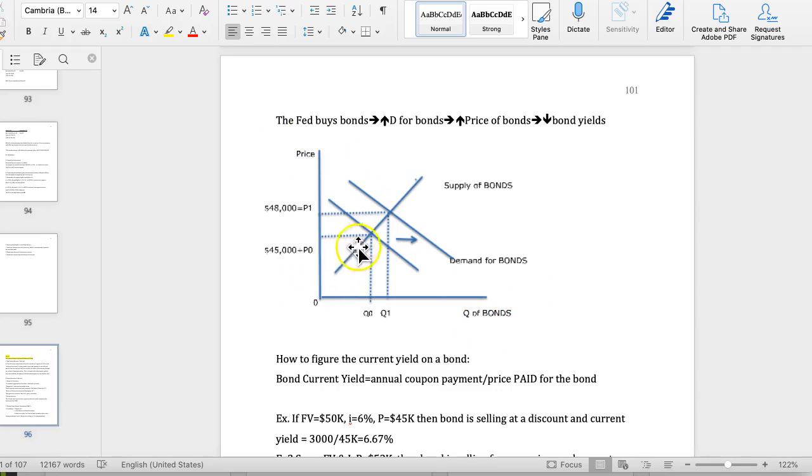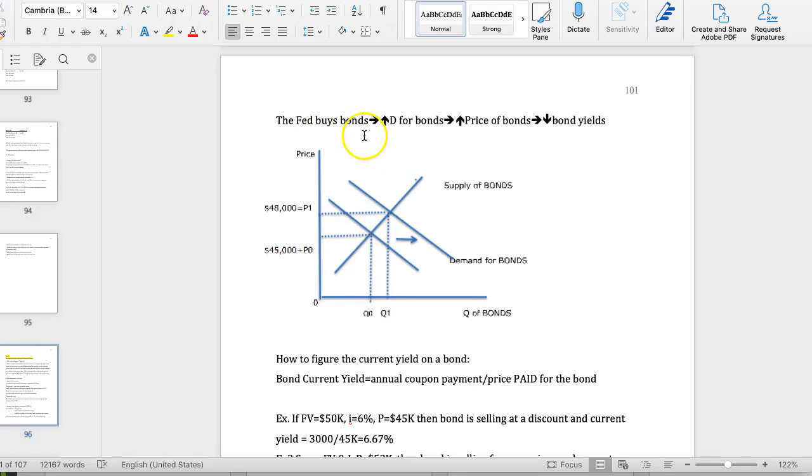So initially we've got, here is the supply of bonds, and this lower line is the original demand for bonds. All right. So at this intersection here, you've got the bond that cost, for example, $45,000, and this is the number of bonds that will be demanded.